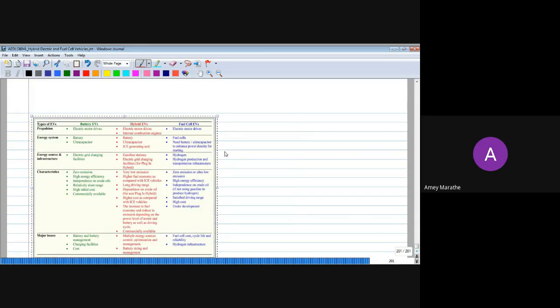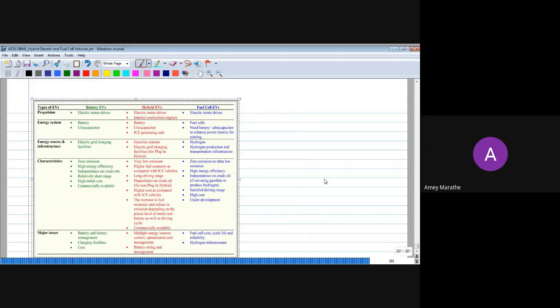If you see, this will give you a very realistic idea about all three technologies. We spoke about hybrids, battery electric vehicles, and fuel cell electric vehicles. What is the propulsion unit? In battery electric vehicles, it is a pure electric motor drive. In hybrids, it is an electric motor plus an IC engine.